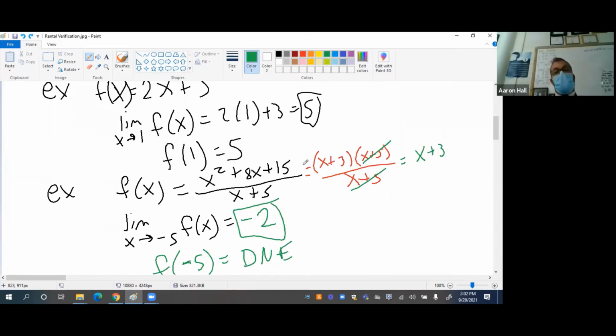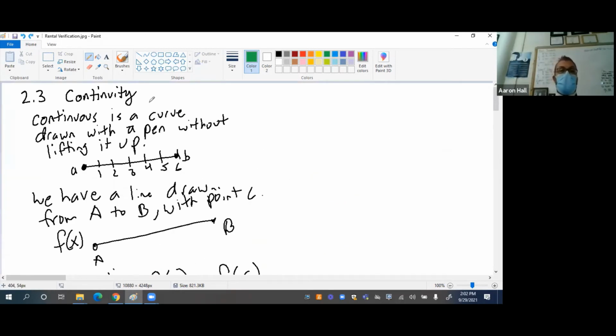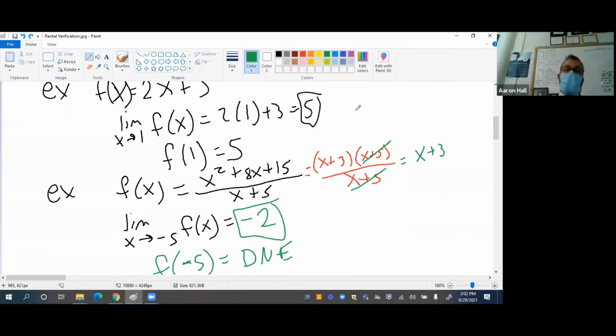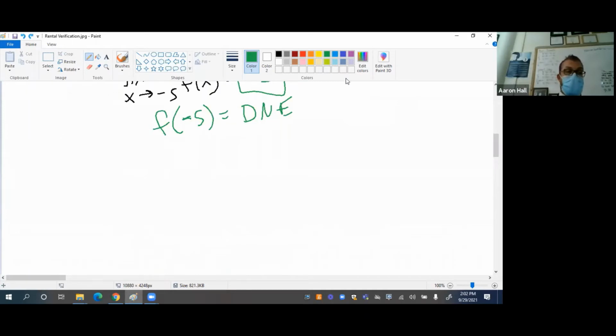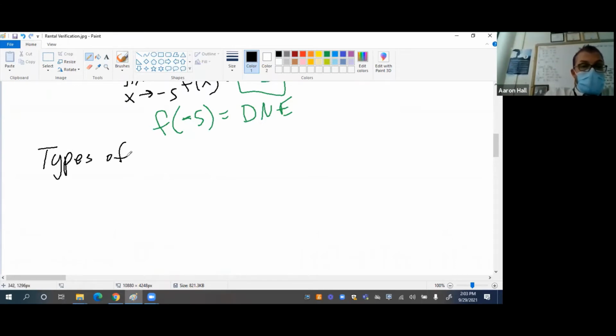Right, so if we're going to be talking about continuity, we should probably talk about discontinuity. In fact, there are 4 different types of discontinuity. Let's talk about these 4 different types.